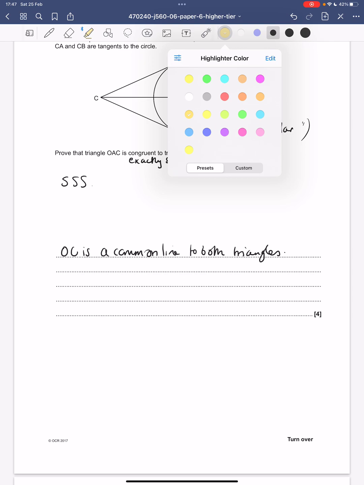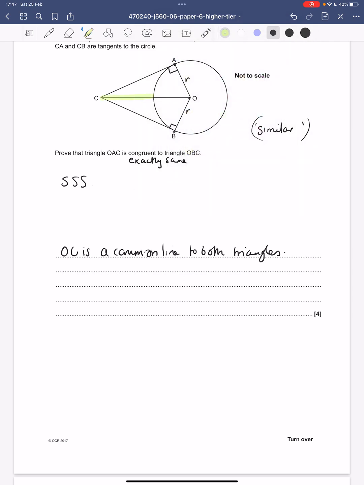Let's change my colours a bit. So we've got that line sorted out. And then OB and OA. OB equals OA equals the radius of the circle. So that's the same.